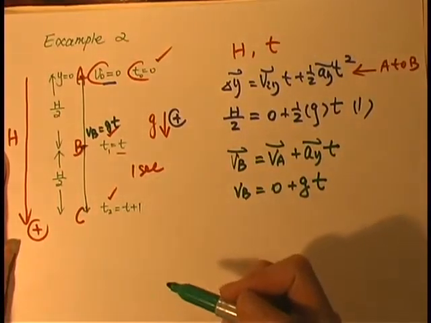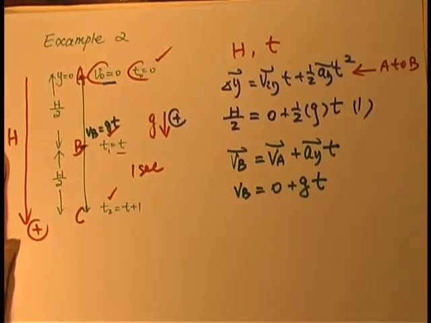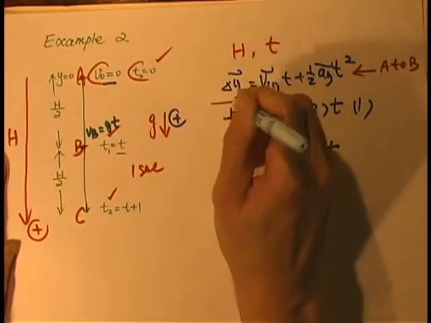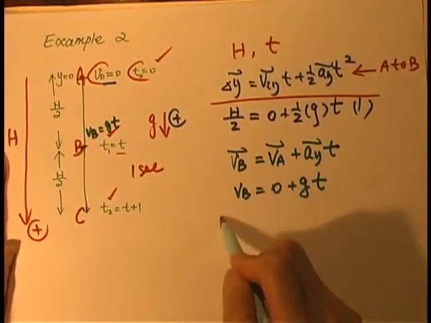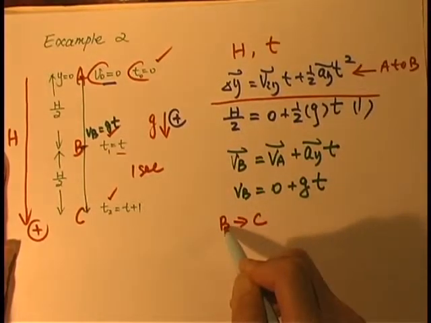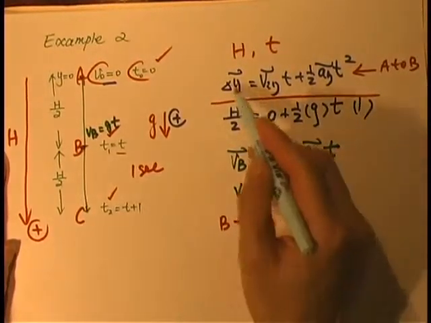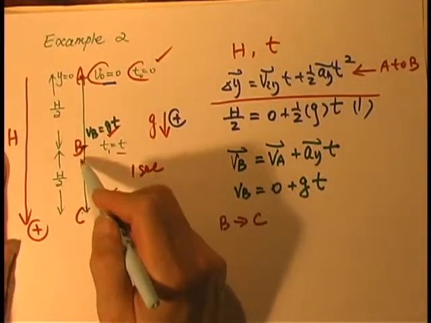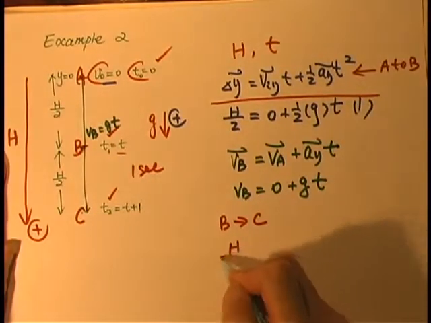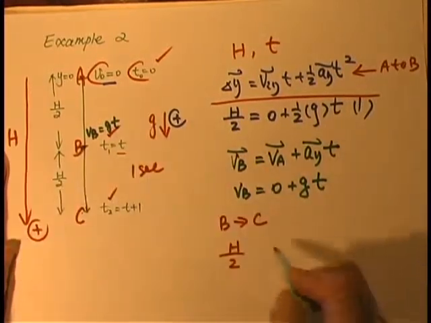We're going to now apply the very same equation, this one. This time we're going to apply it from B to C. B is initial, C is final. So let's do this. Delta y. Change of displacement is positive h over 2 because down is positive.